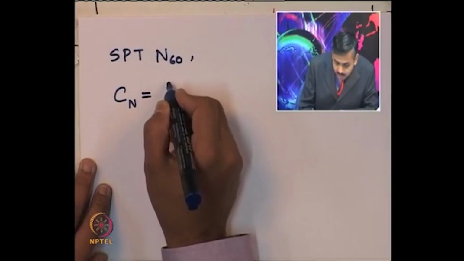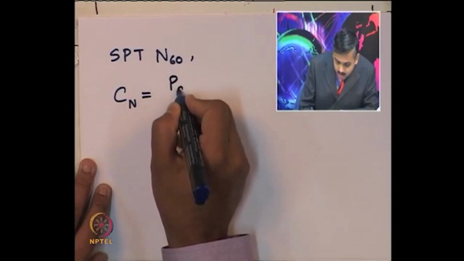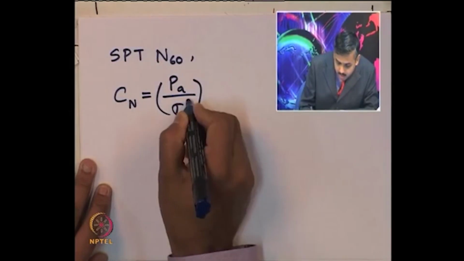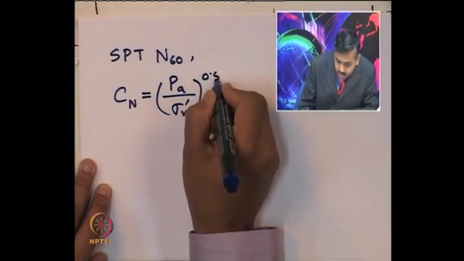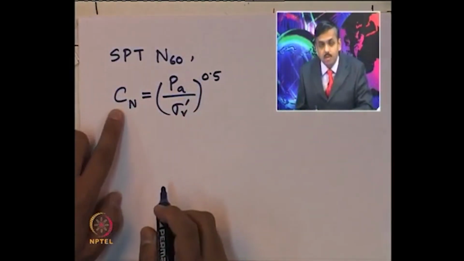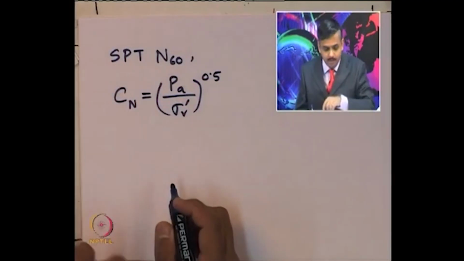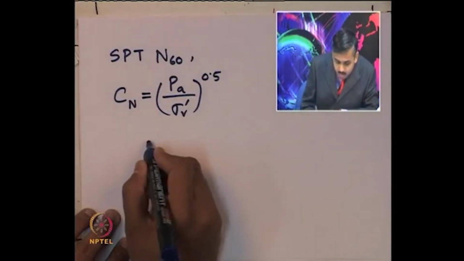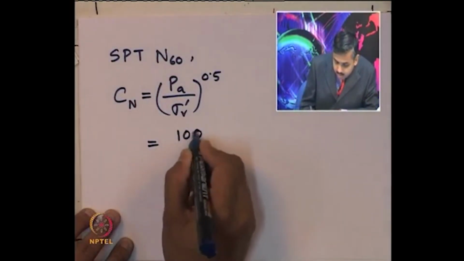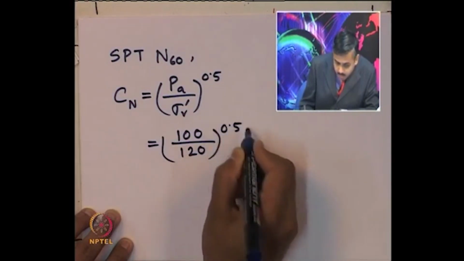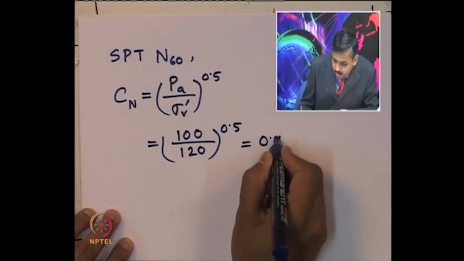So, Cn, if we take the expression given in the Yude et al. paper, which is the correction factor for overburden pressure for the SPT N value, is 0.913.